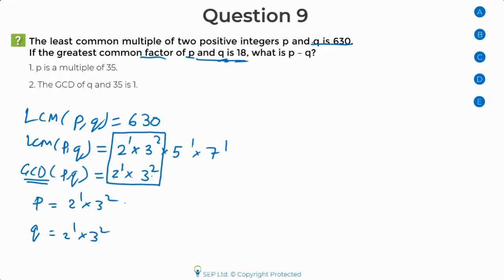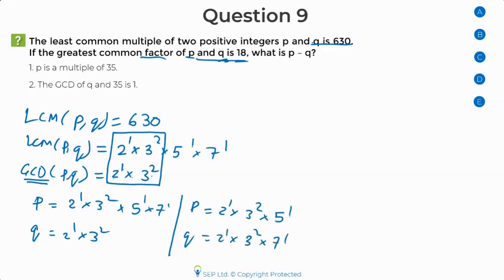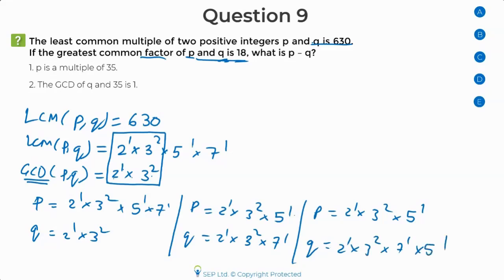Let's say I'm writing one case like this. I'm writing another case like this. And let me name them. Let me call these A, B, and C. Tell me out of these, which ones are valid and which ones are not.